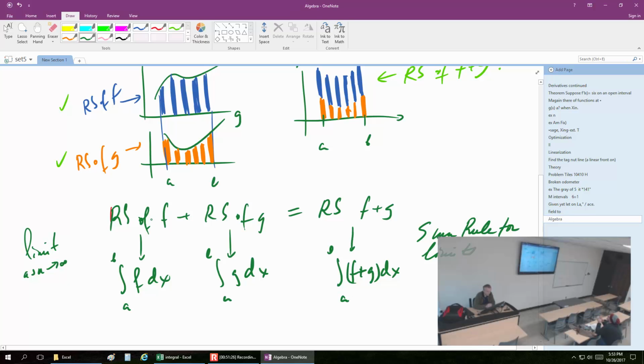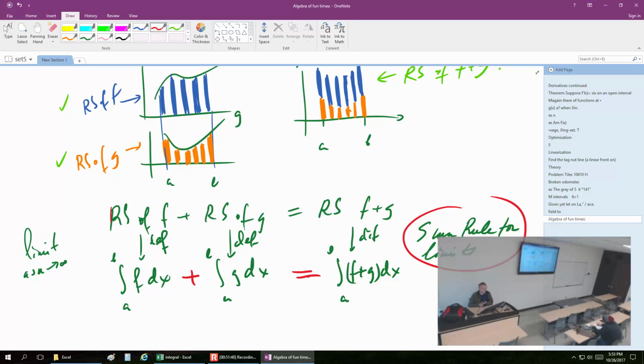Okay, to begin with, that's the definition. According to the definition, we have these three Riemann sums go towards the Riemann integrals if the functions are integrable, and then the sum rule for limits provides us with this. The sum of the limits is equal to the limit of the sum.